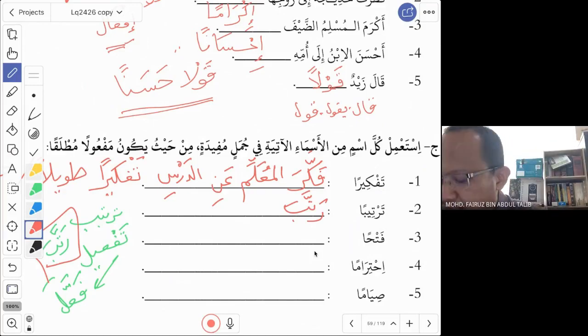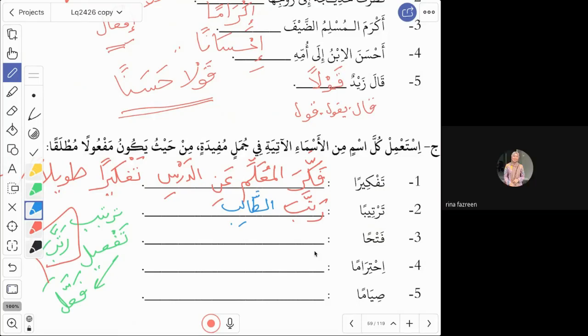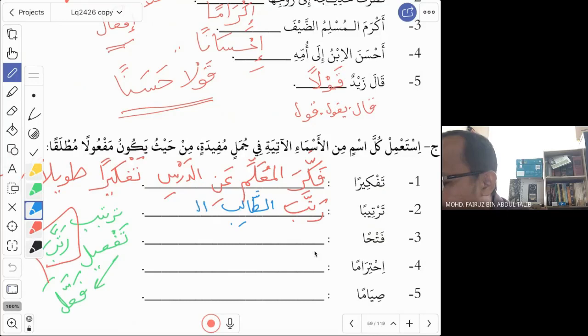Rattaba. Who arranged what? Rattaba at-talibu, his books, for example. Yes, you can say al-kutub.